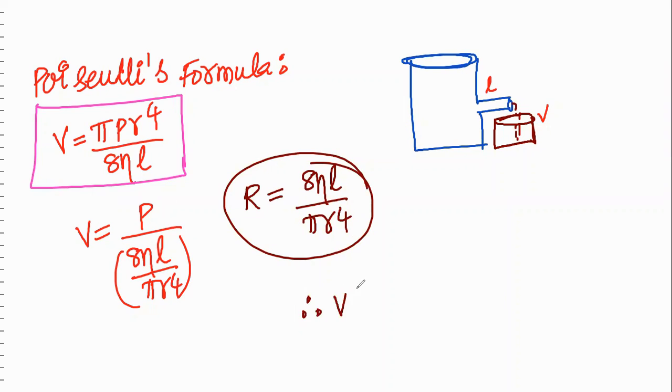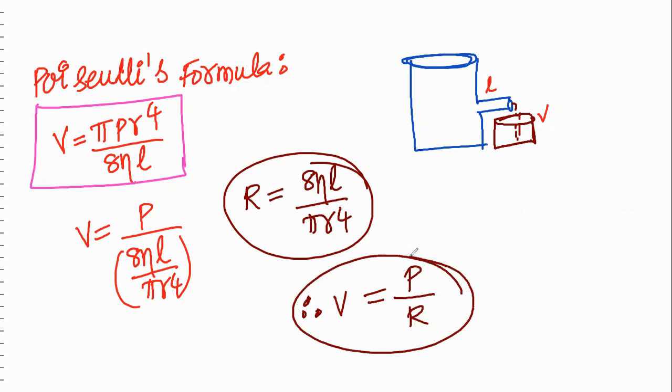Therefore, the volume of the liquid collected in a vessel, V is equal to P divided by R. P is for pressure, R is for the resistance offered by it. Then whenever we take the work done, first of all, we go for surface tension.